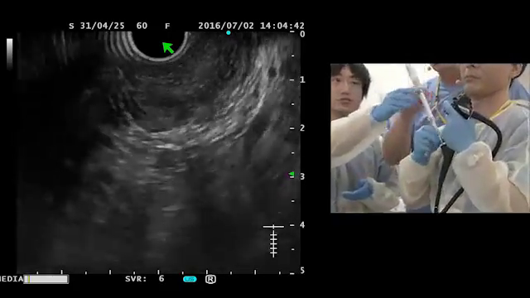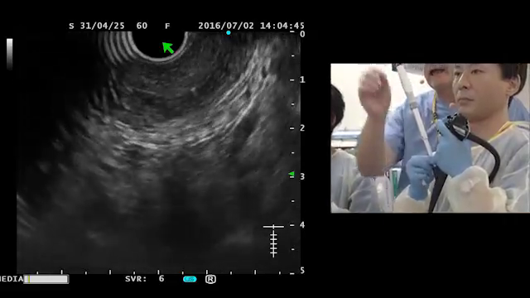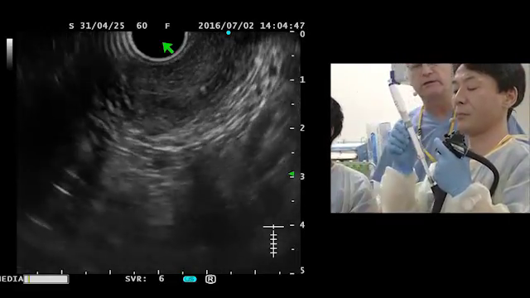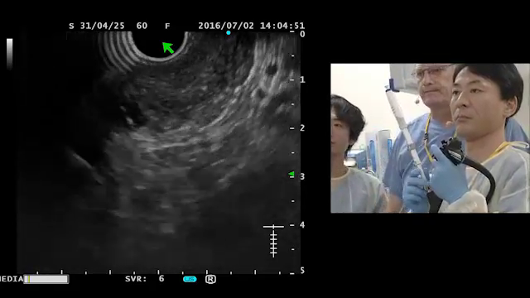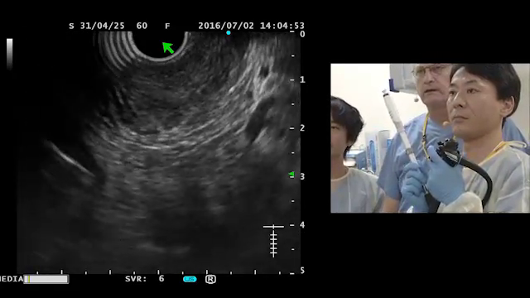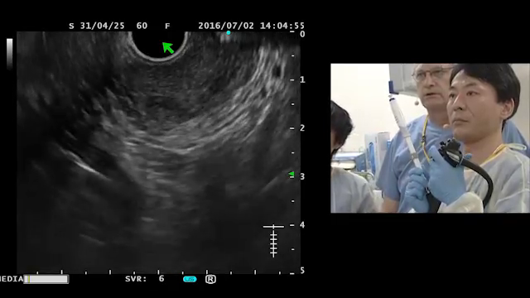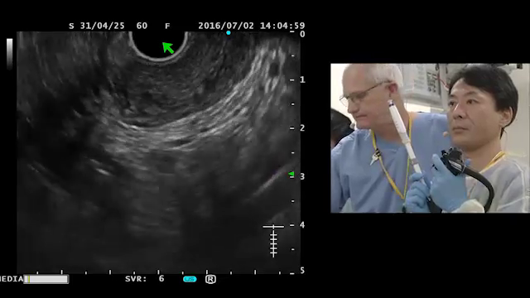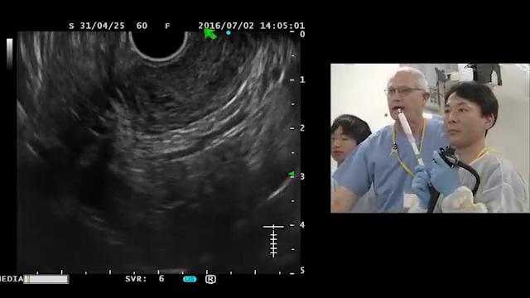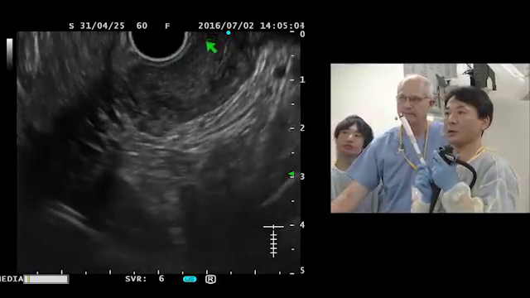This new needle design has the handle, better actuation, and is adjustable for the sheath. So we adjust now to bring the sheath out.